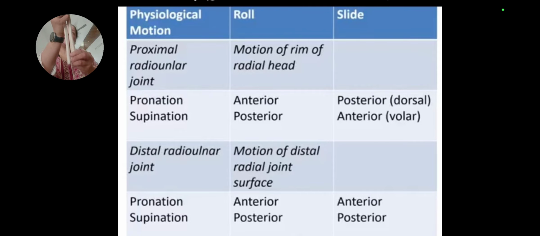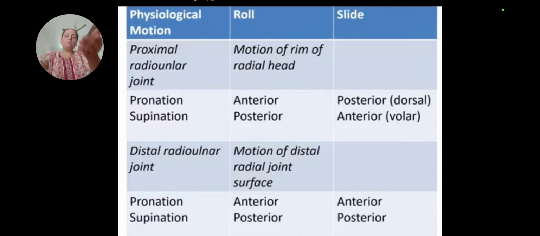Okay? But the irony is, the motion is taking place by the concave surface. Here the radius is moving. That means the convex surface is the stable surface and the moving surface is concave. So the arthrokinematics will be the same as the osteokinematics.